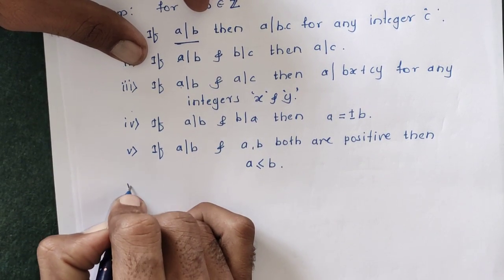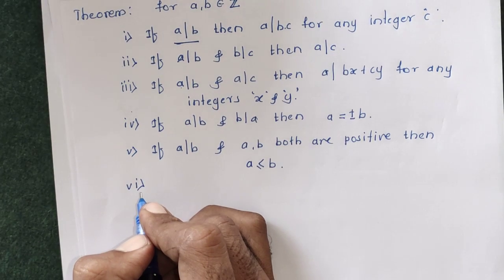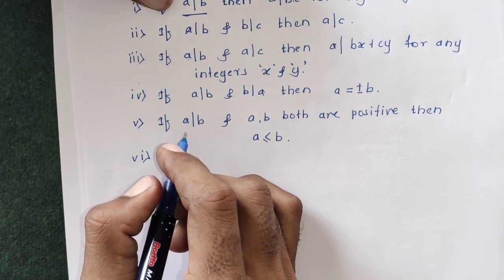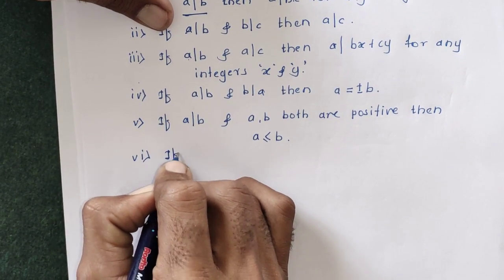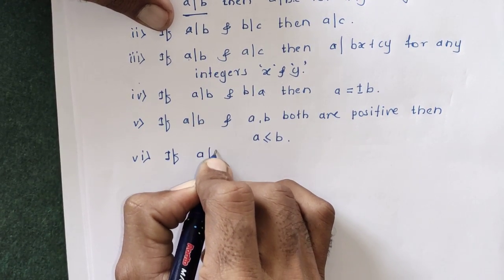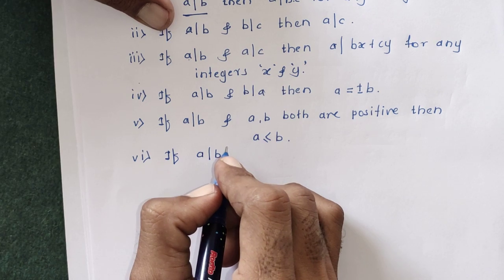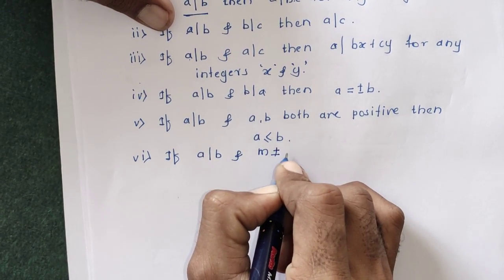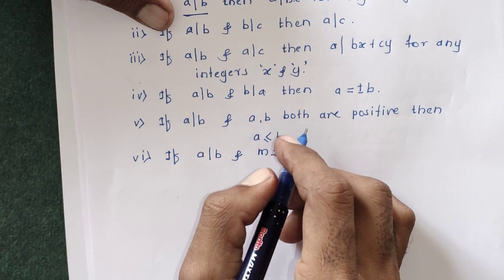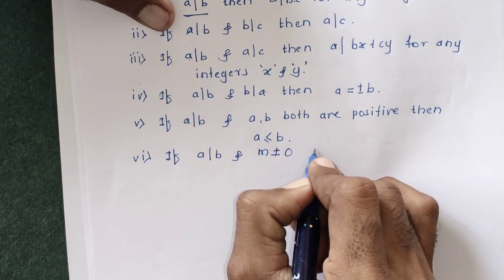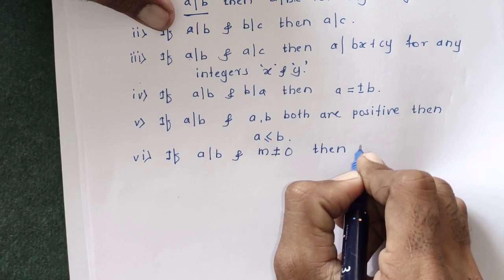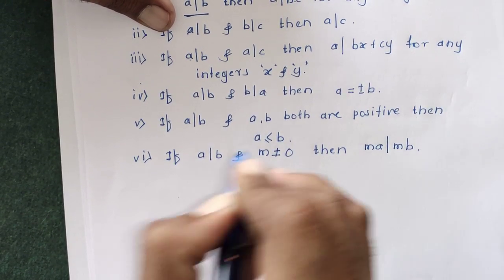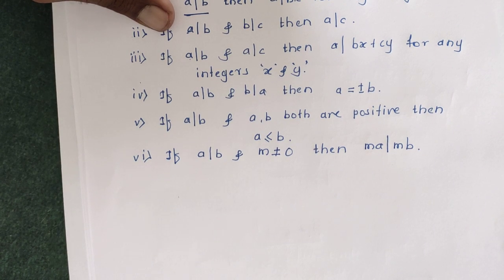And the last statement is, if a divides b and m is a non-zero integer, then m into a divides m into b.